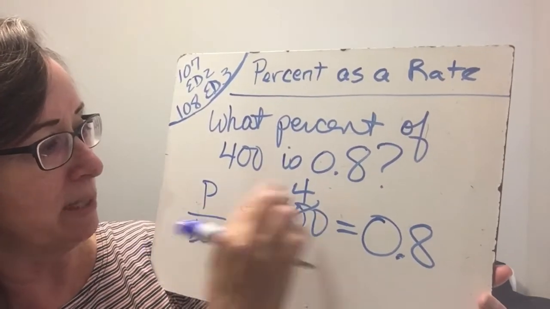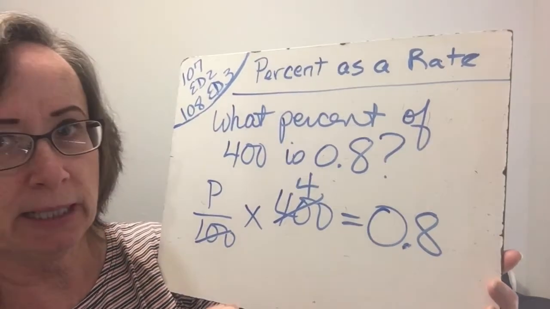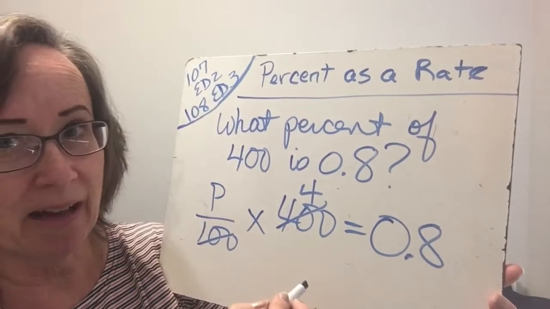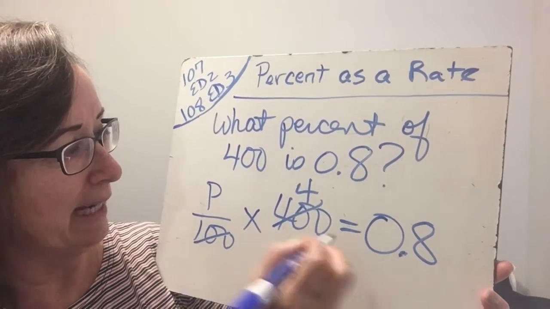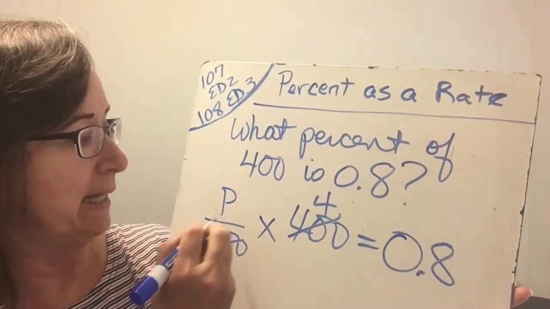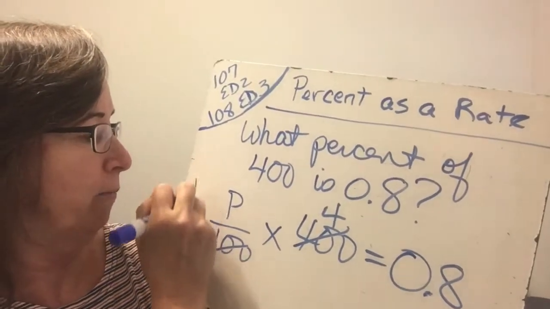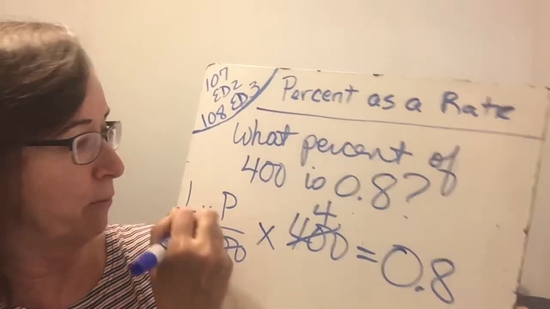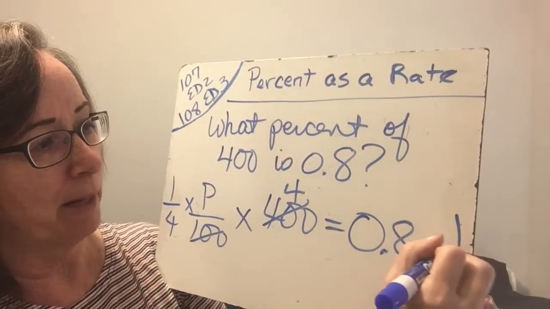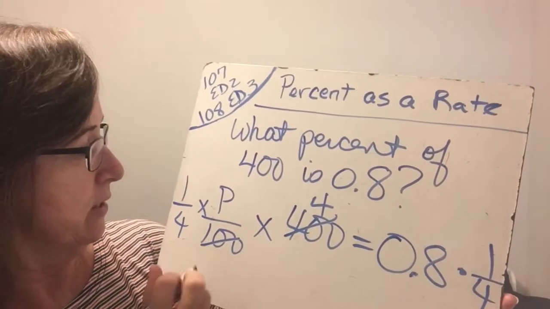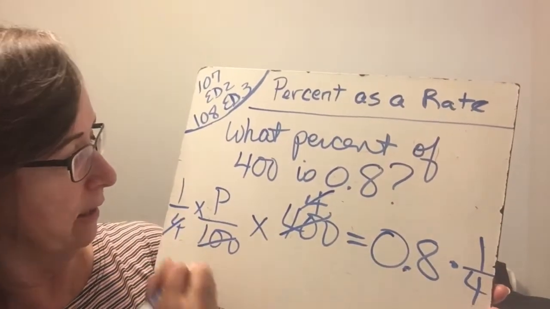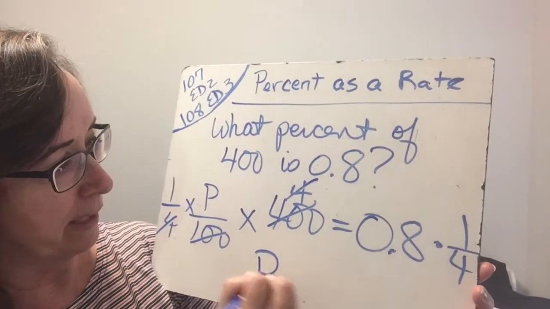So we have 4 times P is equal to 0.8. Let's get rid of the 4 by just dividing this side by 4. And we can either divide the whole thing by 4 or we could multiply the whole thing by 1/4 and multiply over here by 1/4. Okay, so now the 4 and the 4 cancel. We end up with nothing but a P over here.